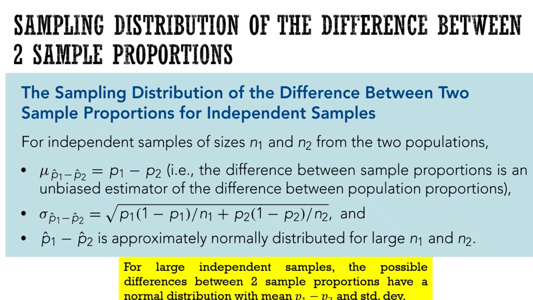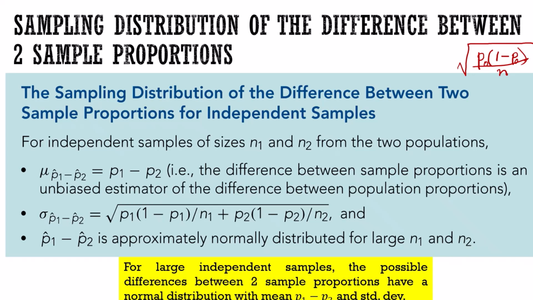Recall that the formula for one population proportion for the standard deviation was the square root of P times 1 minus P divided by N, and it was only one proportion.